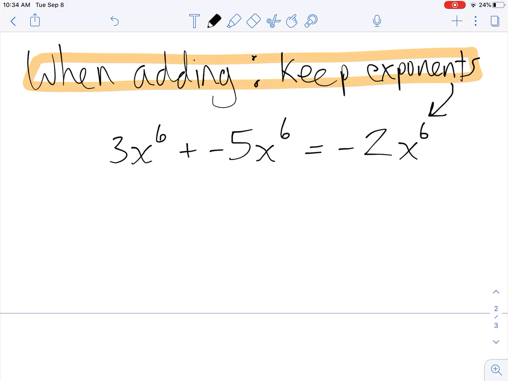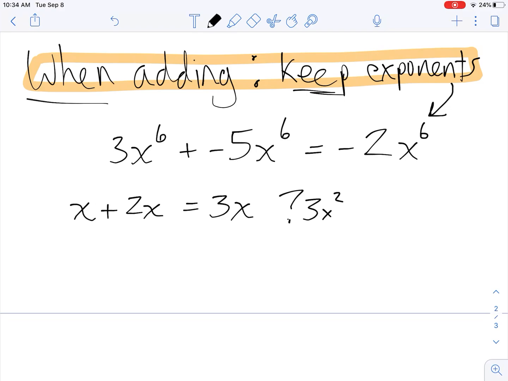If you aren't sure whether you keep the exponents, ask yourself, if you have x plus 2x, wouldn't that give you 3x? But maybe, are you thinking, could that be 3x squared? Well, if you are, you don't have to memorize this. You can just test this. Let's say x equals 4. And let's test this and make sure: 4 plus 2 times 4, okay, that's 4 plus 8.